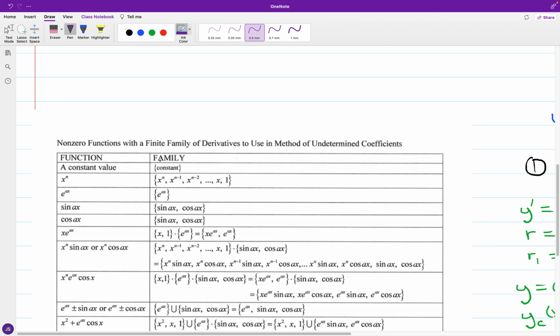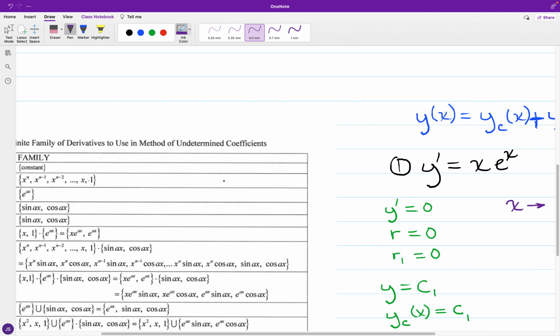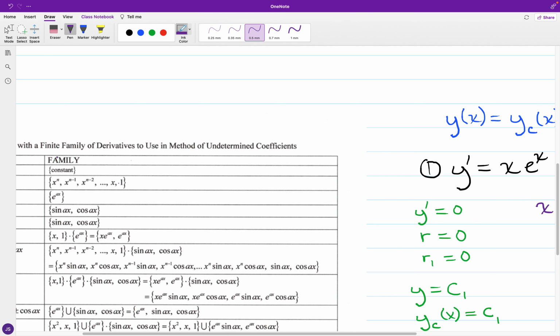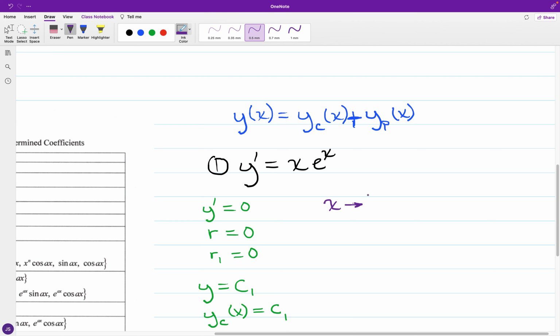A constant value had the family of functions consist of a constant. For raised powers of x, you have x to the n minus 1, all the way down to a constant. And what we're looking at in this family is a finite family of derivatives. Starting out with the original term, we have x, and the derivative of x is going to go to a constant.